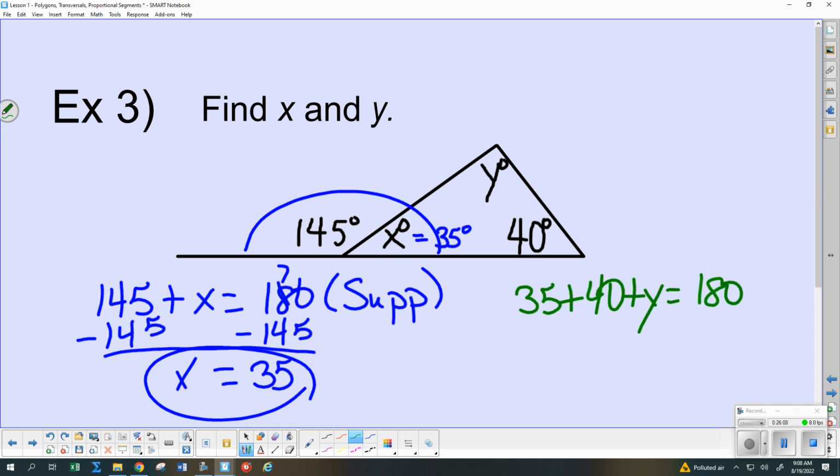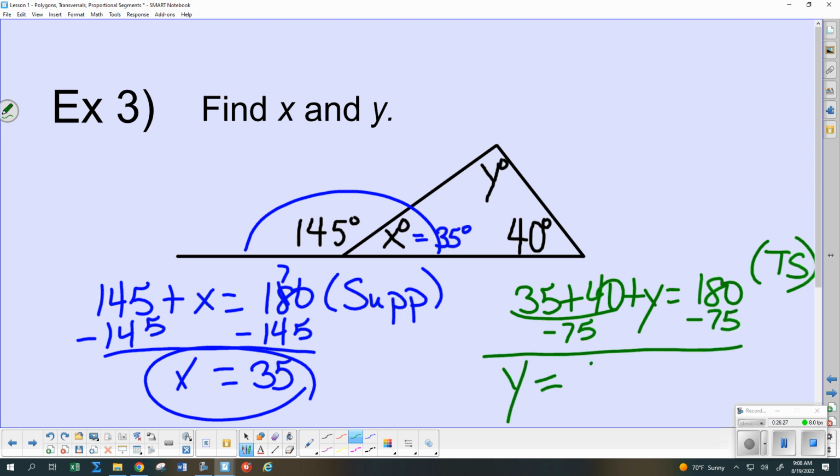And instead of writing out, because all of the angles in a triangle add up to 180, I'm going to say that is triangle sum and just write TS. But Tilly was exactly right with the reasons. So this is 75. So if I subtract 75 on both sides, everybody shout out, what do I get for Y?